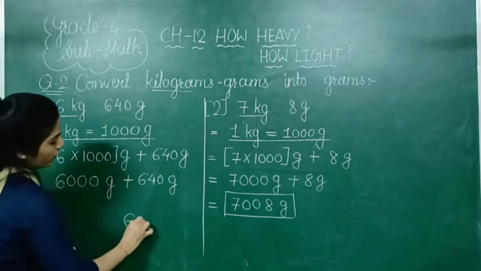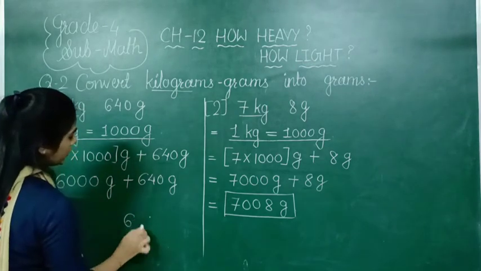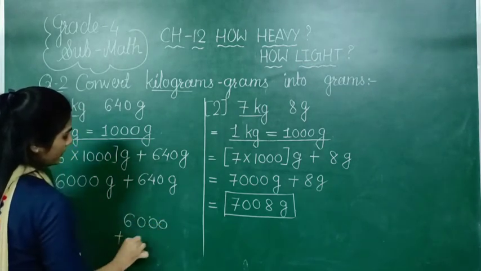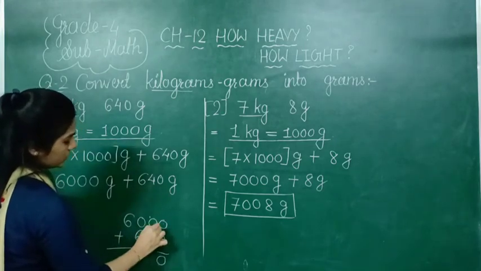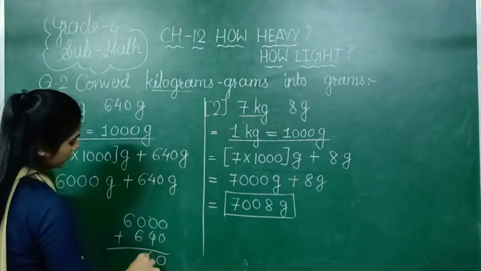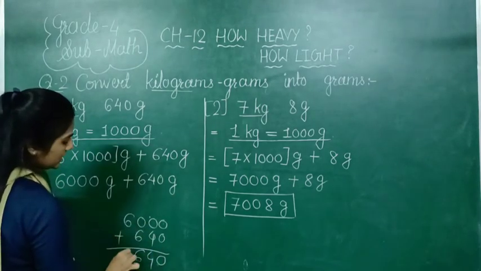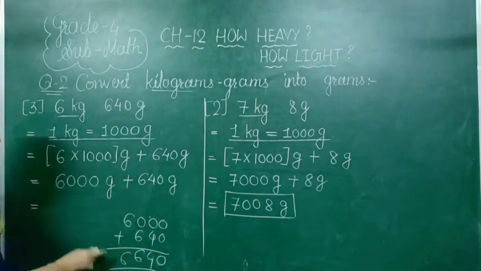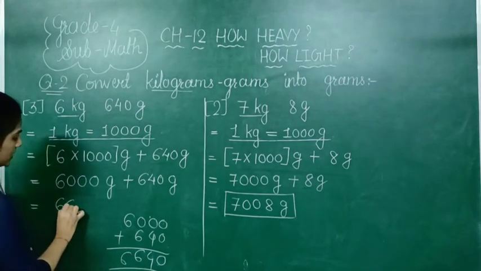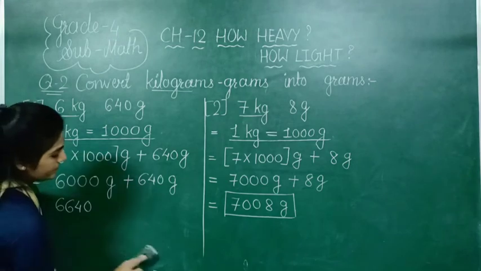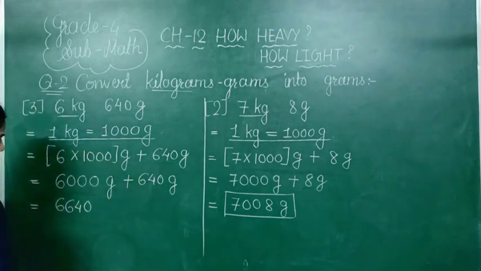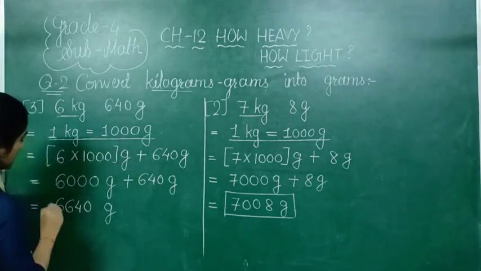If you won't do directly, so you can do like this, that 6000 plus 640. So 0 plus 0, 0, 0 plus 4, 4, 0 plus 6, 6 and 6 same. So your answer is 6640 gram. This is our answer.